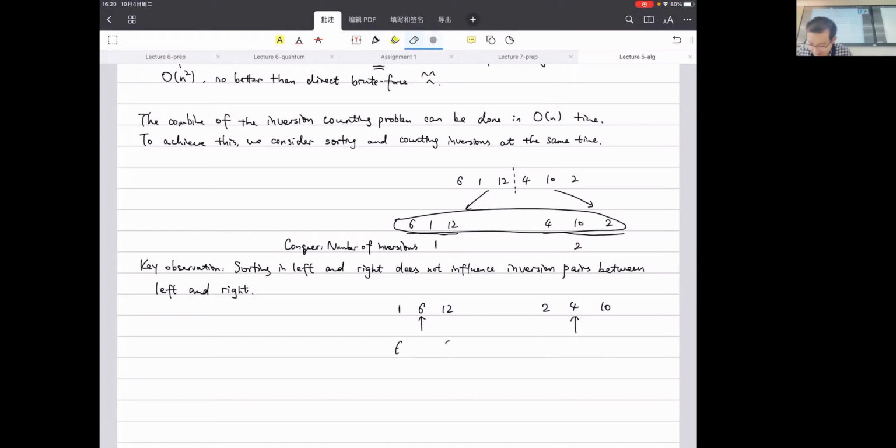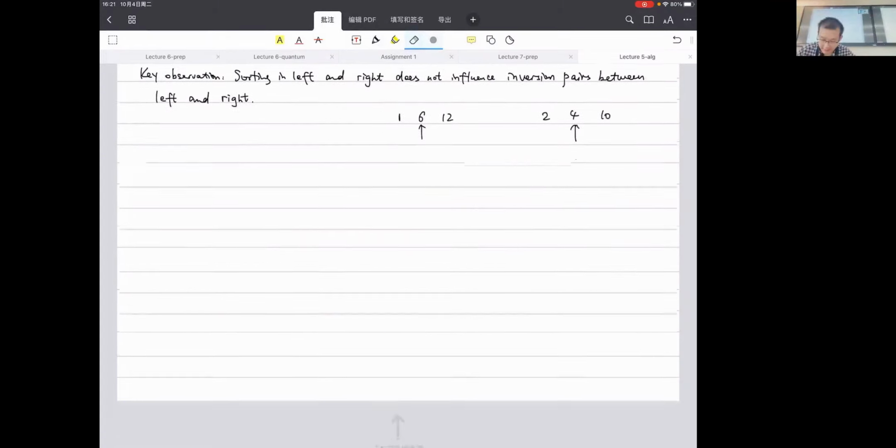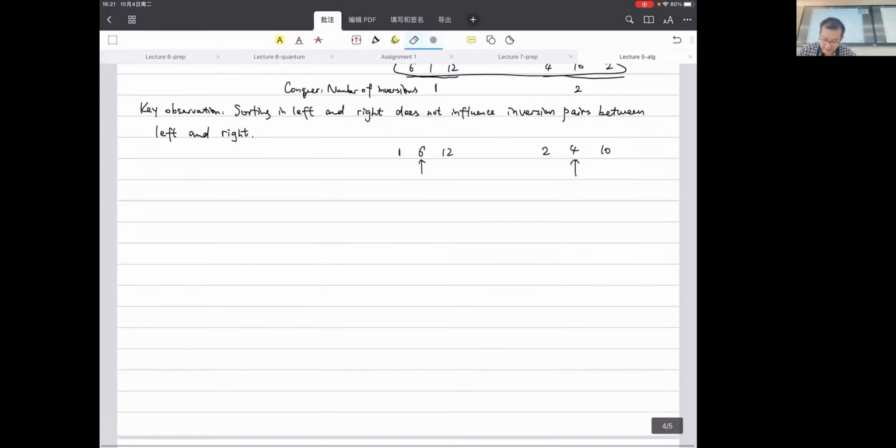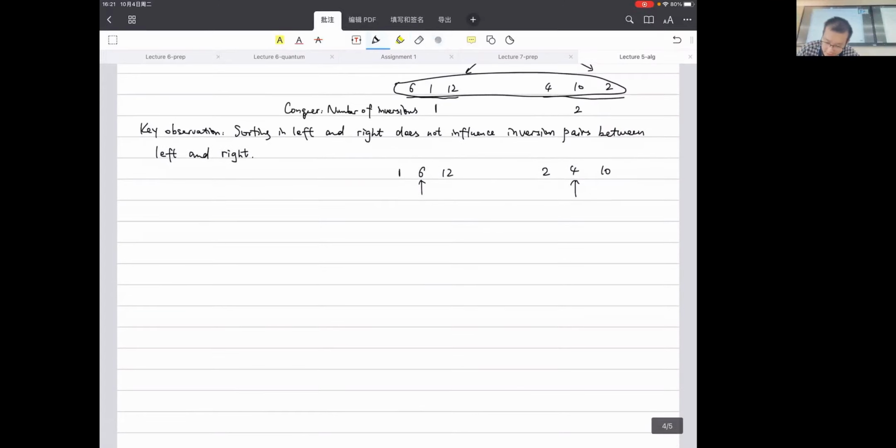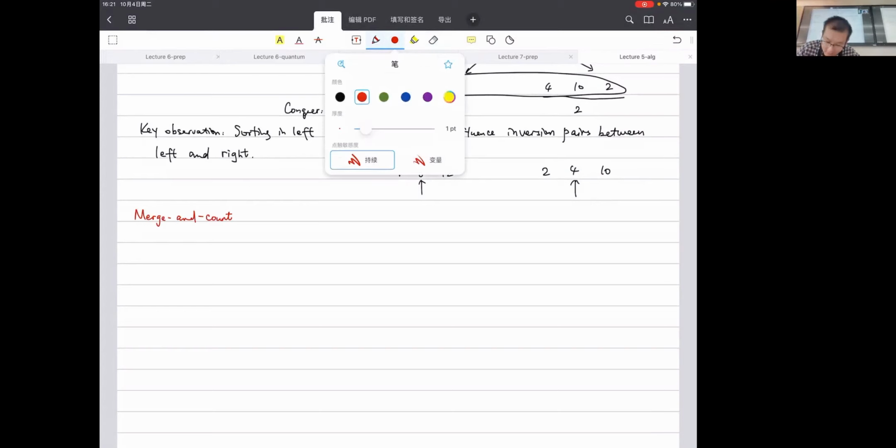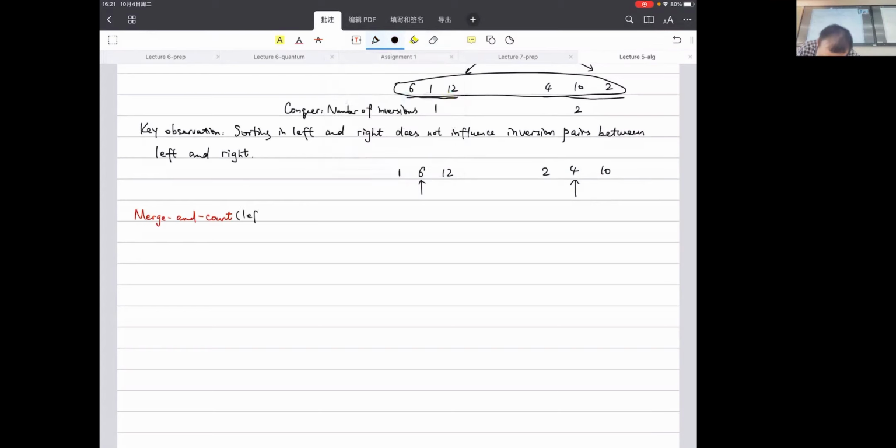This is a very important observation: sorting inside each part is not going to influence the number of inversion pairs between the parts. Later we will see an algorithm that we call merge and count, from left to right.